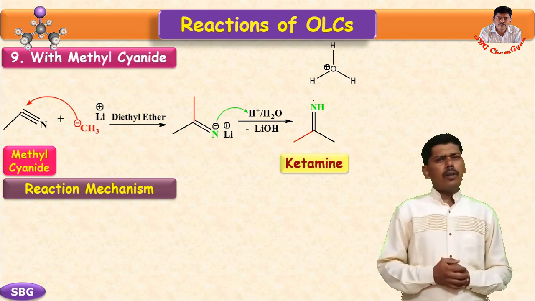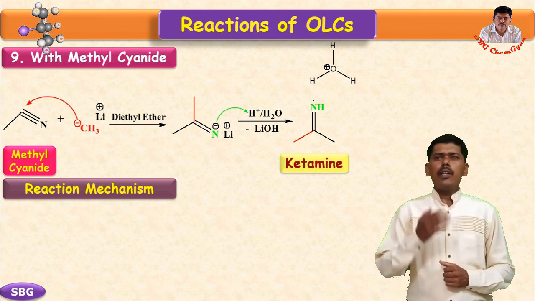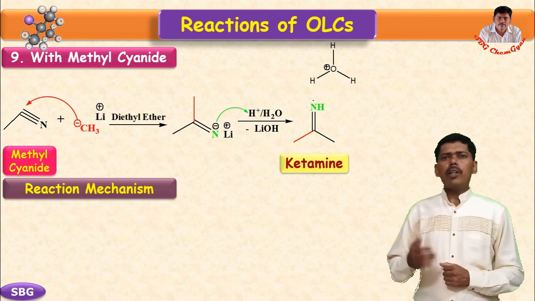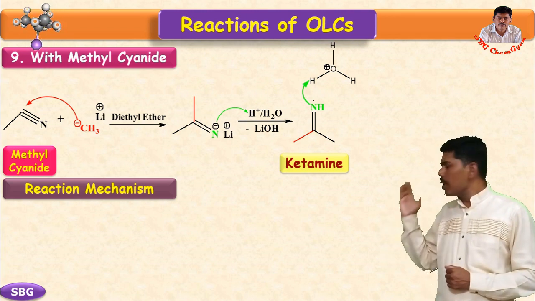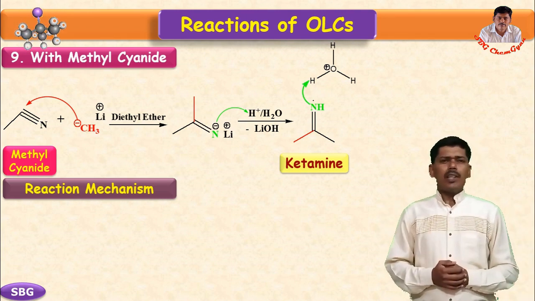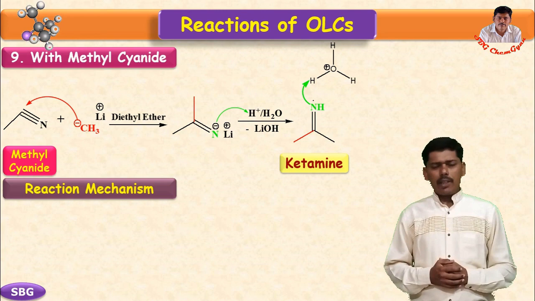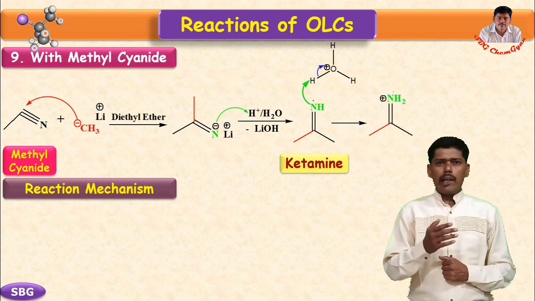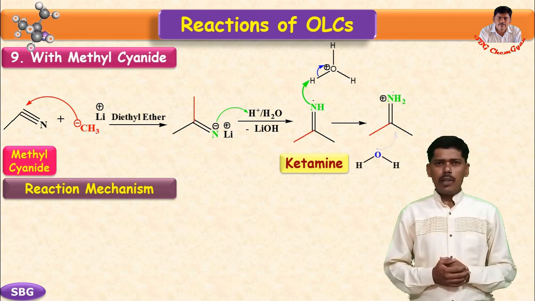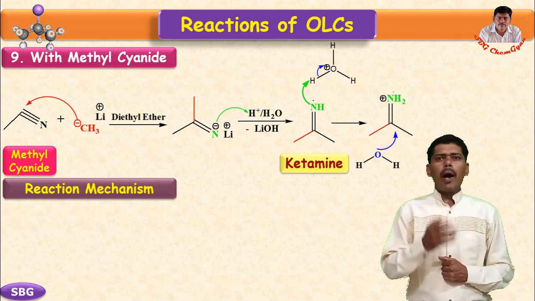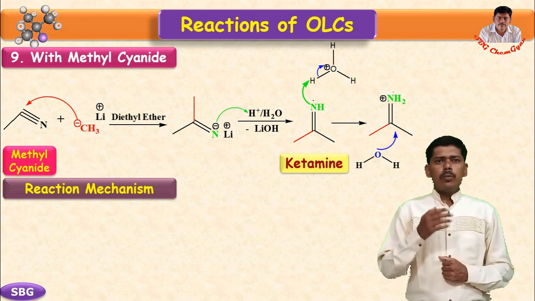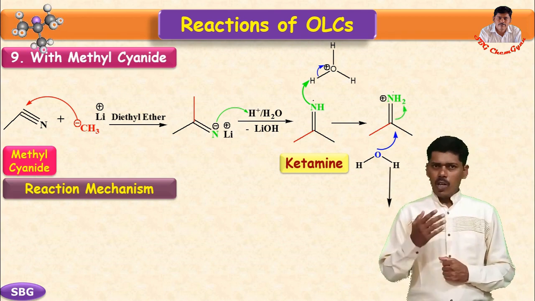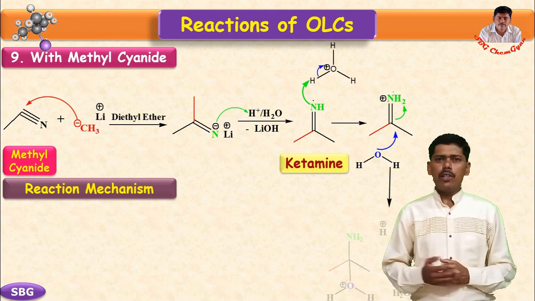Acid hydrolysis reaction continues and imine undergoes nucleophilic addition, but it requires activation by protonation, that is acid catalysis. Now the nucleophilic oxygen atom of the water molecule attacks the electrophilic carbon atom of the pi bond, breaking it and neutralizing the charge on the nitrogen atom. The acid hydrolysis reaction continues.